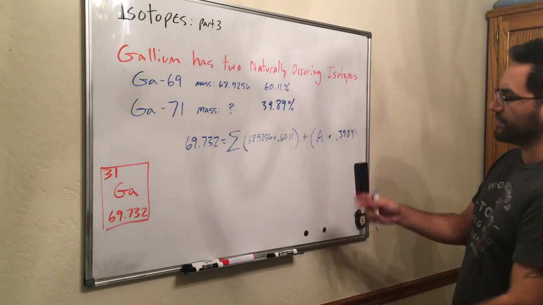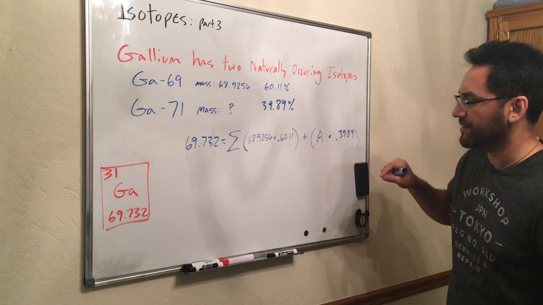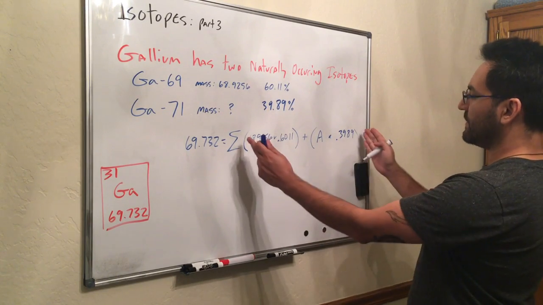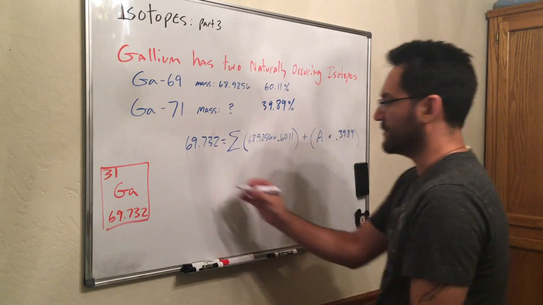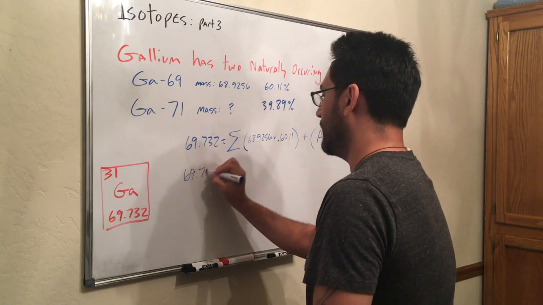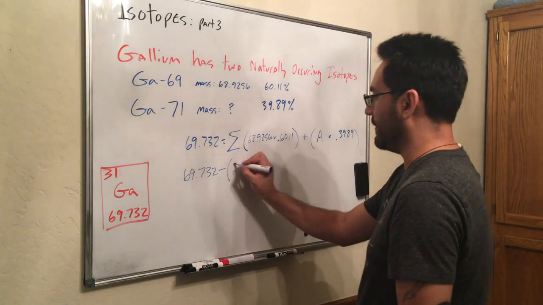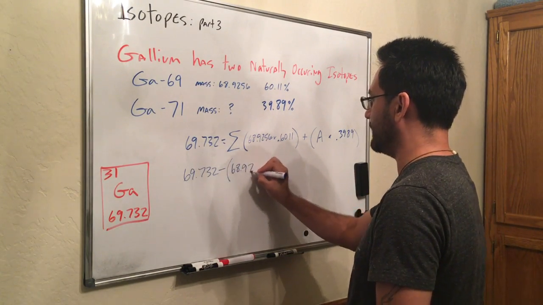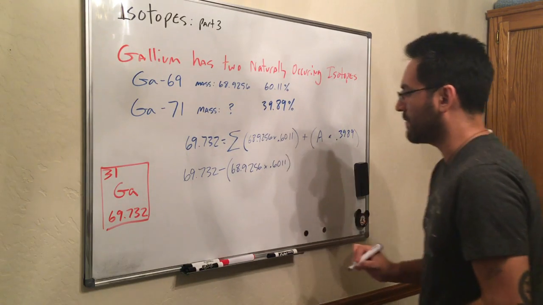So once we've got this, we can actually try to get A by itself. That's what we want to do. Since this is an addition, we can subtract this to the other side. So we can go 69.732 minus, now all of this together, 68.9256 times 0.6011.